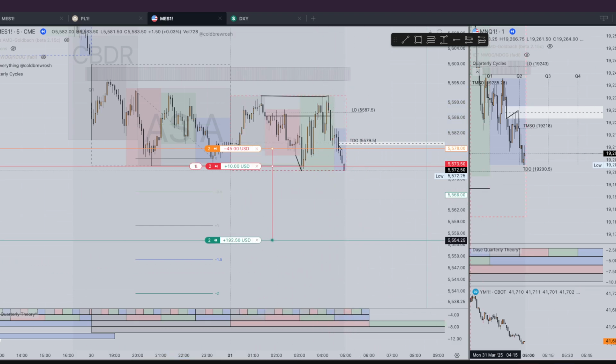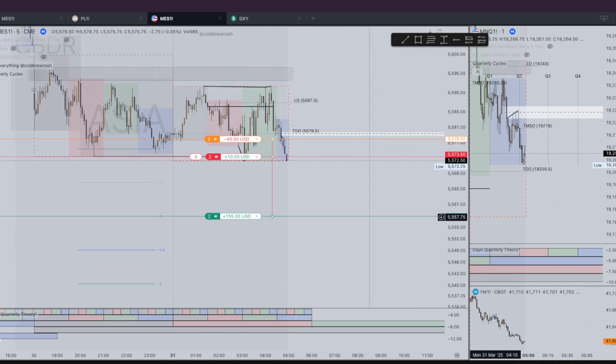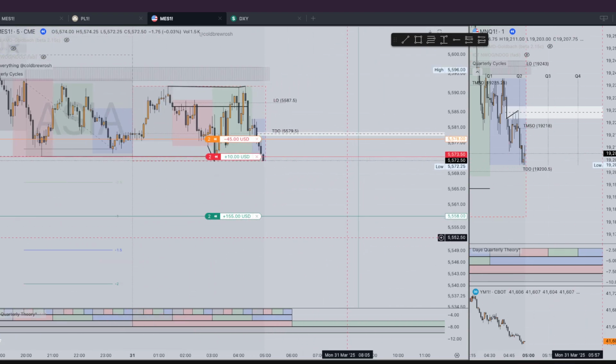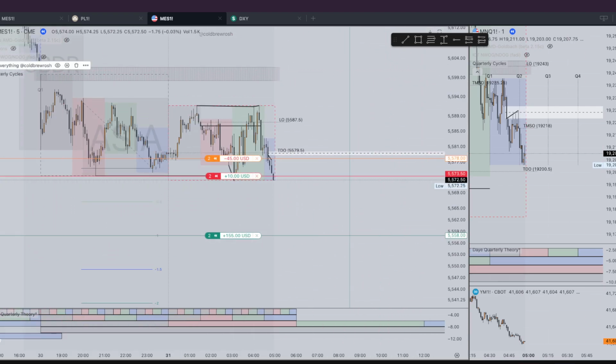Yeah, right. So that one. So a lot of times it will just manipulate and then go further. But knowing bias and everything, one can go for this one. Okay, and then we can see where it goes. For the time being, we got standard deviation from Asia.